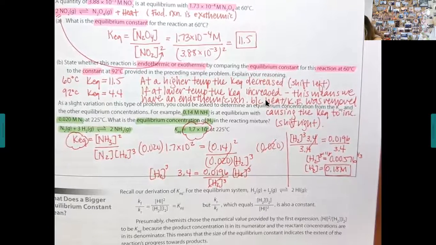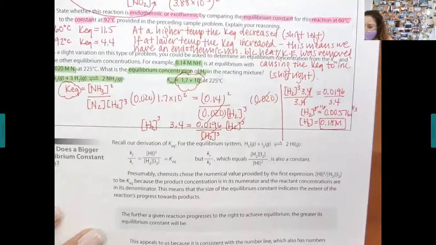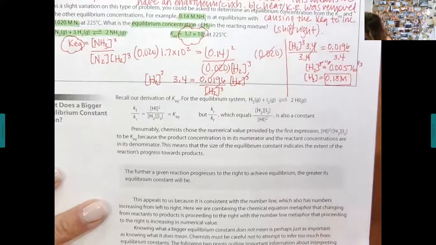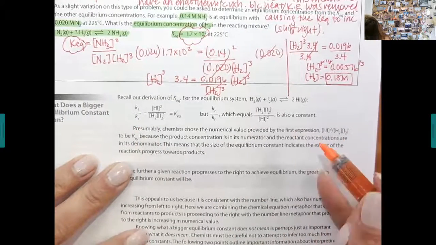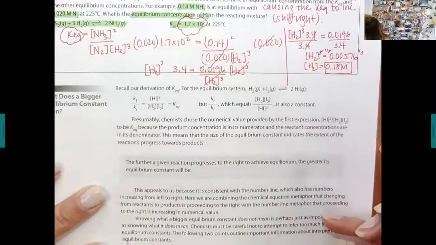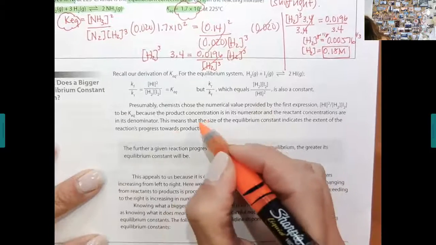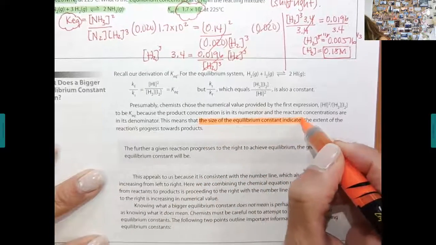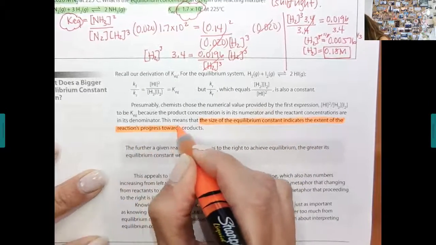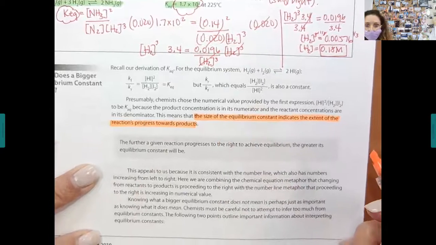Okay, now let's take a look at what does a bigger equilibrium constant mean, okay? Let's come down here. The size of the equilibrium constant indicates the extent of the reaction's progress towards products.